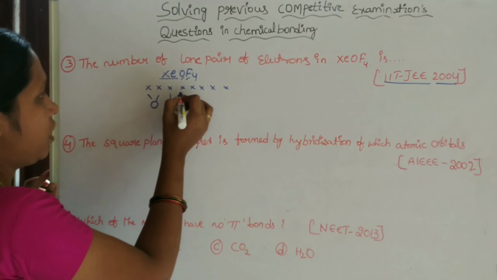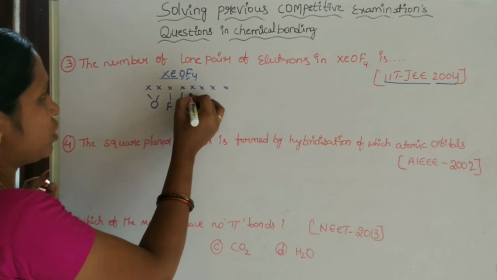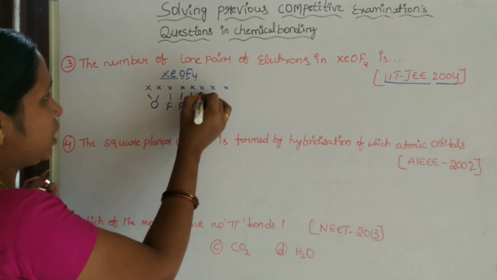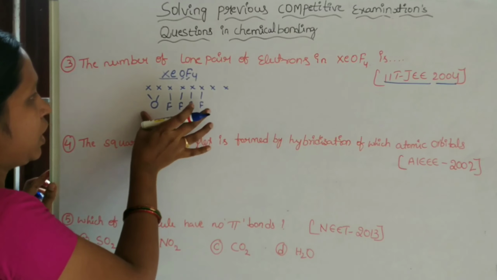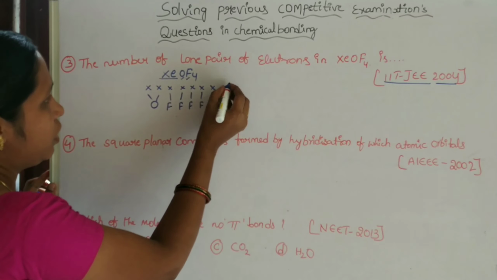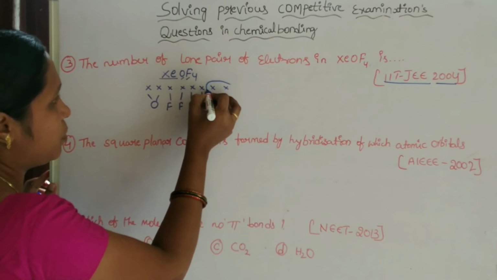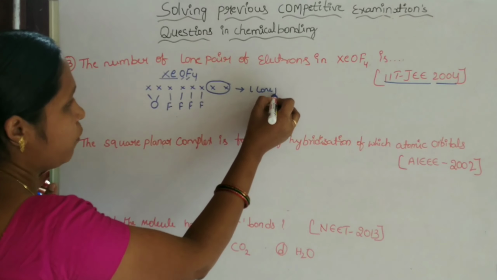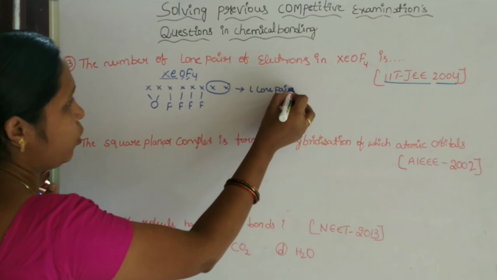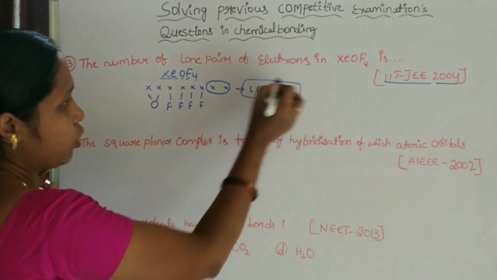Fluorine has a valency 1, meaning each fluorine bonds with one single electron. So finally the molecule has 2 single electrons, that means one lone pair of electrons. One lone pair of electrons.